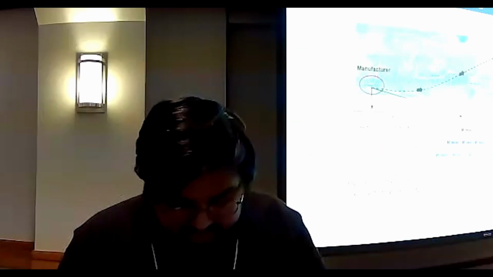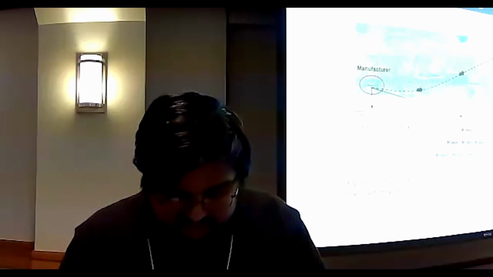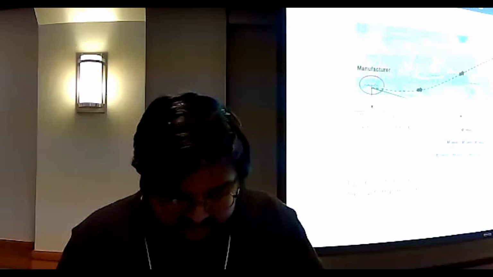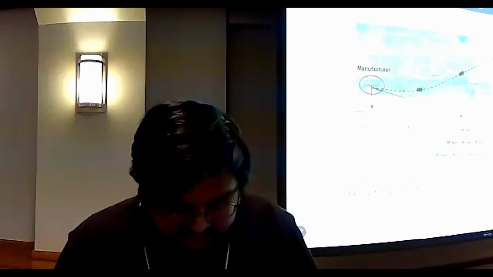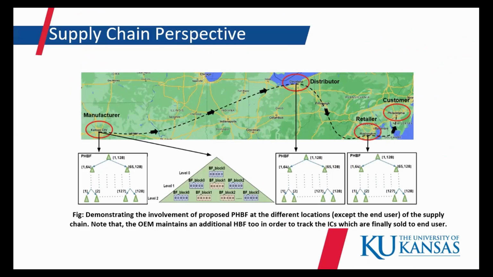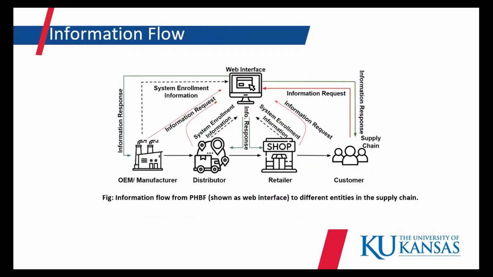Coming back to the supply chain perspective, this is a schematic of the supply chain where the manufacturer is at Kansas City, and the supply chain expands up to Philadelphia, passing through every entity in its supply chain cycle. As I mentioned, every entity should maintain a PHBF, that's what we're calling it in short, to keep the records of the ICs that they're handling.